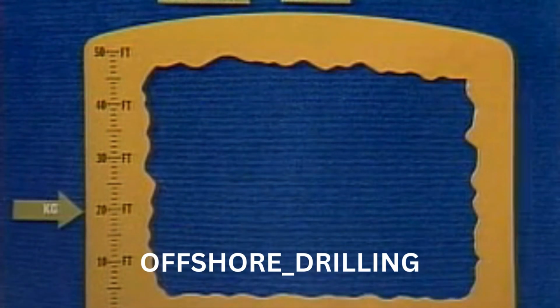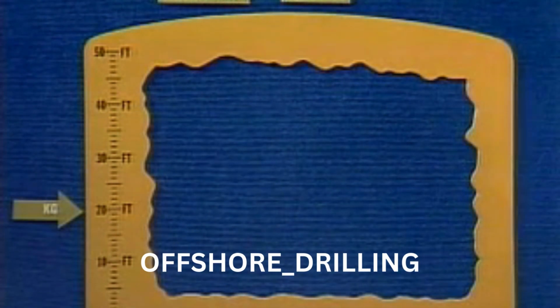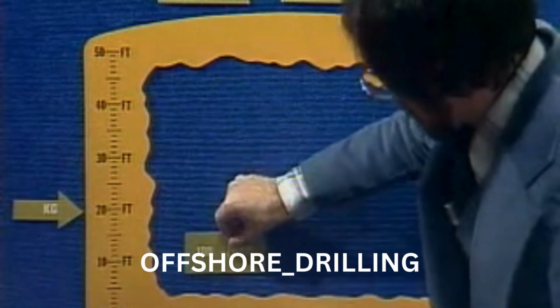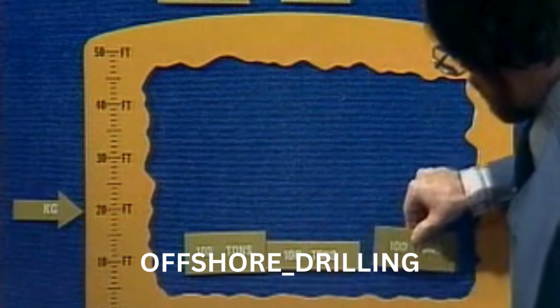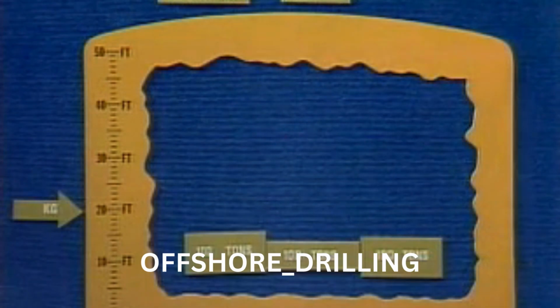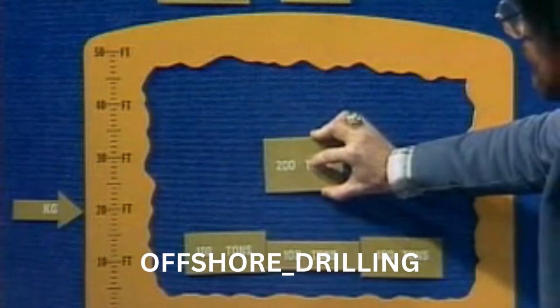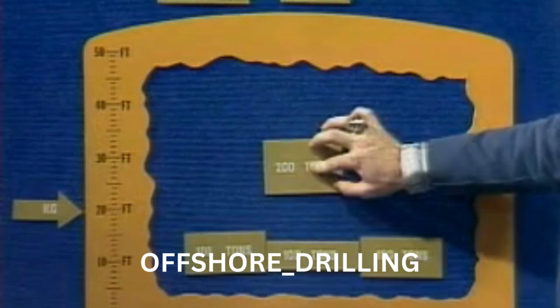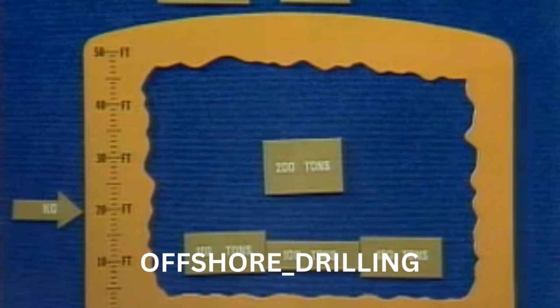If 300 tons of cargo are loaded 10 feet above the keel, and 200 tons of cargo are loaded 25 feet above the keel, what will be the new position of the center of gravity, or kg?